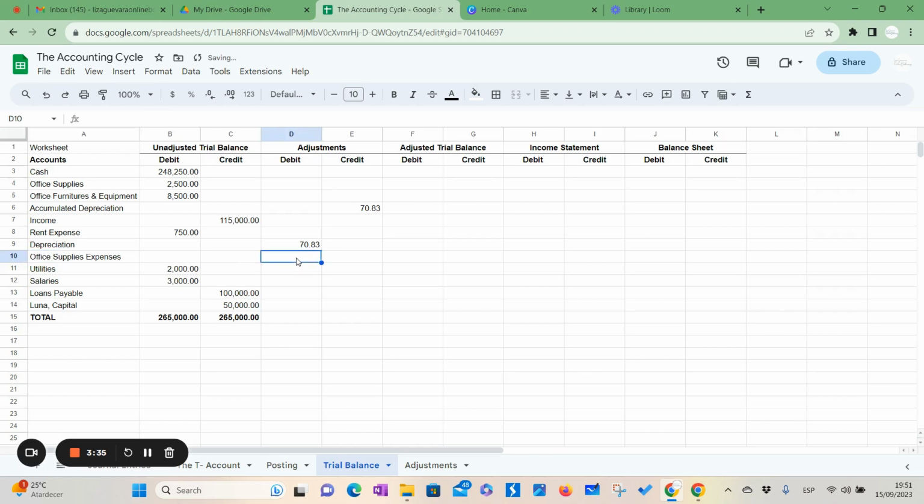So the office supplies expense is 500 and we are going to credit the asset account in the amount of 500. So let's go ahead and total.